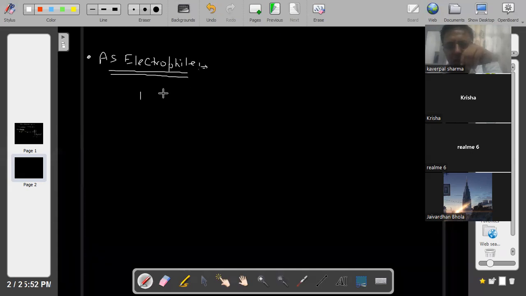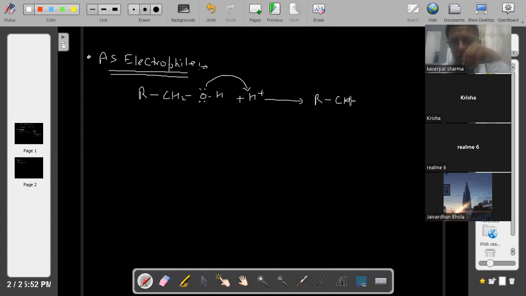Here is R CH2, O with lone pair of electrons here, H. Now, what is this proton? This proton will come to this R CH2 O H and then H.